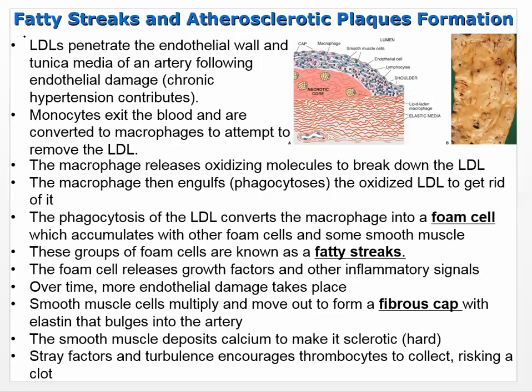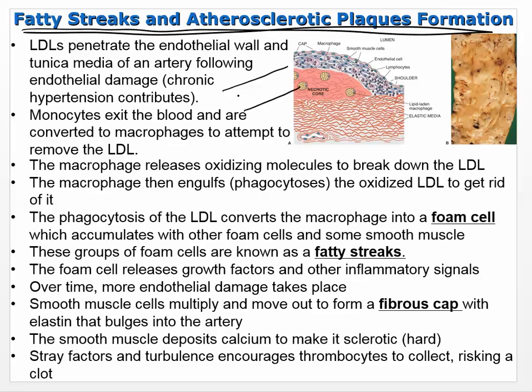Okay, so I put here on one page, and I hope you study a little bit, fatty streaks and atherosclerotic plaque formation. So let's just kind of go through what's happening. We have a blood vessel, okay? So here's our blood vessel, and it's got its several layers.